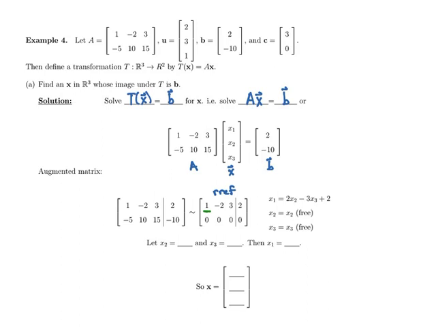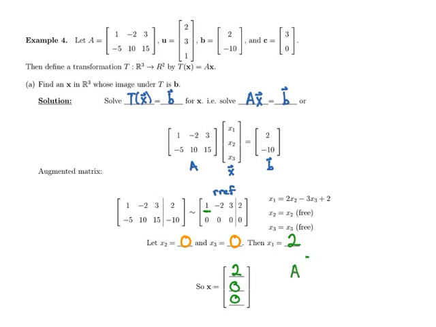For instance, we could pick x2 equals 0, x3 equals 0, and then x1 would be 2 times 0 minus 3 times 0 plus 2, which is 2. So the vector (2, 0, 0) is a vector whose image under T is b.